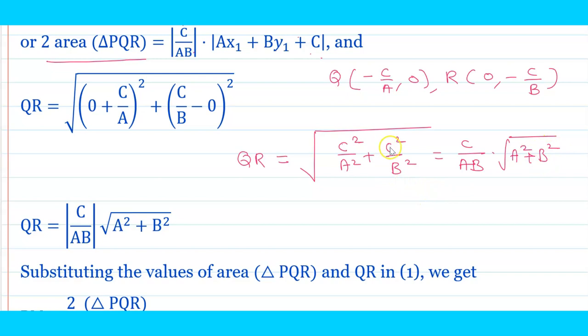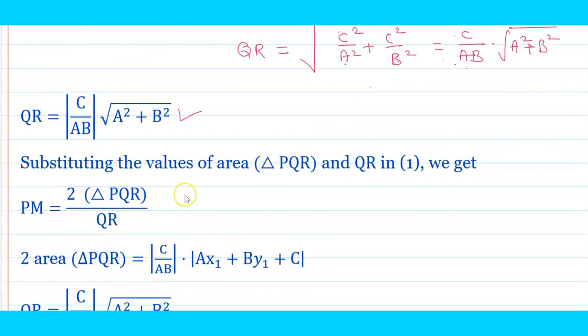Once again, take the C square as a common, that will become C. Take A square B square outside this square root sign, it will become AB. It means that this C upon AB. And therefore, here you will get QR is equals to C upon AB in root of A square plus B square. This is the QR.